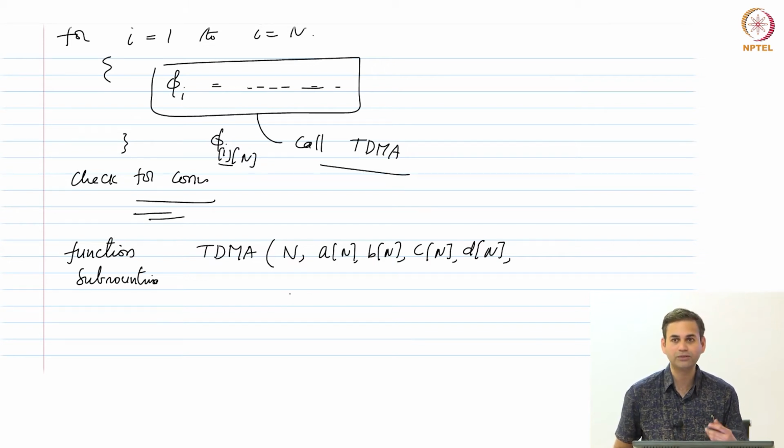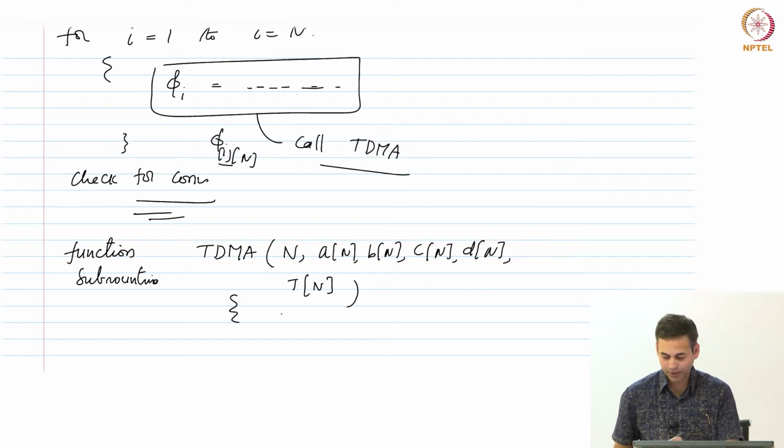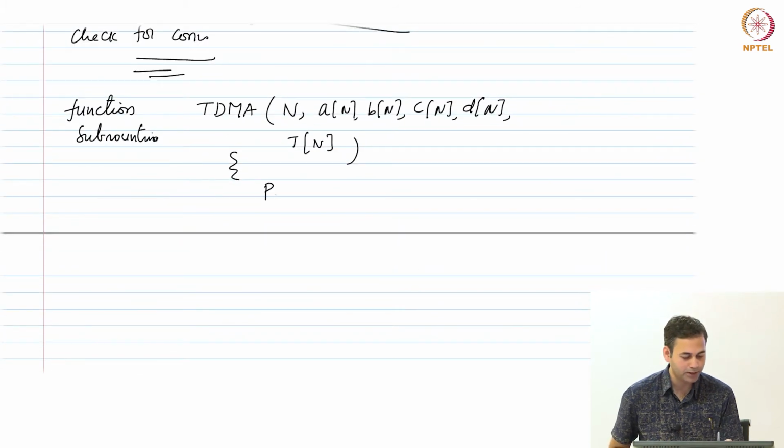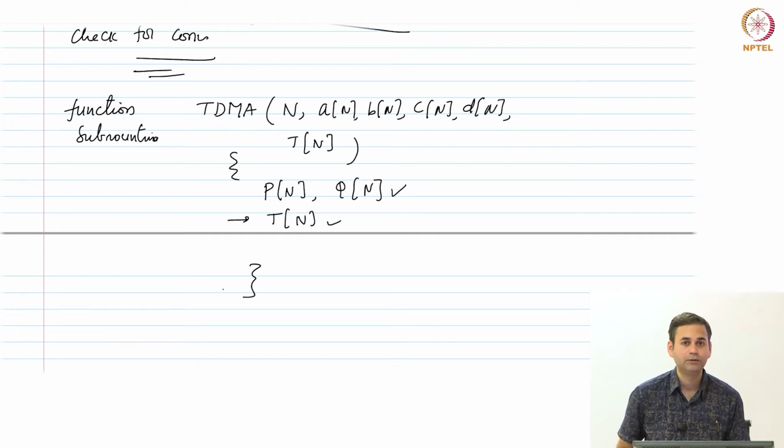No, you can calculate them inside from ABCD. You also send the unknowns, Tn, that is all. So this function takes in all these arguments, calculates P of n and Q of n, and finally obtains values for Tn using TDMA, right.